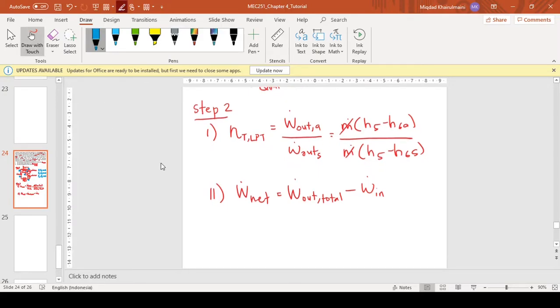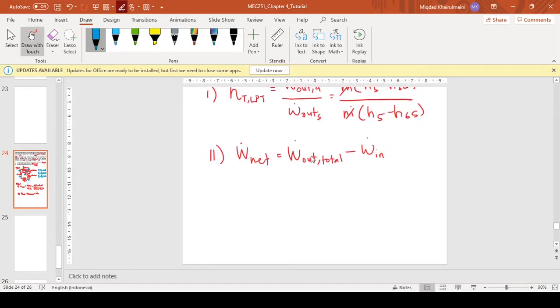For work out total, it is equal to the work out at the high pressure turbine plus the work out at the low pressure turbine. So we can expand it some more.